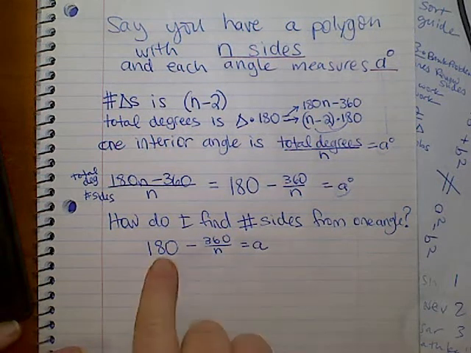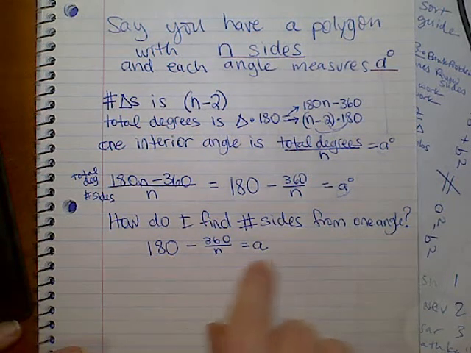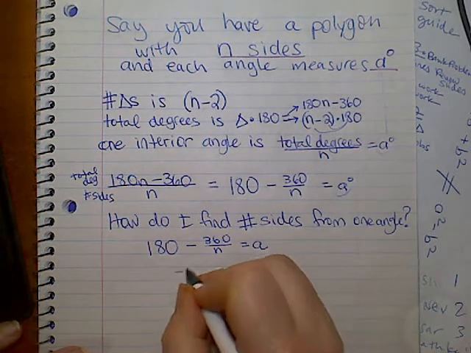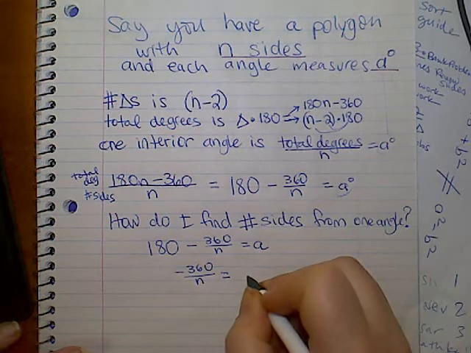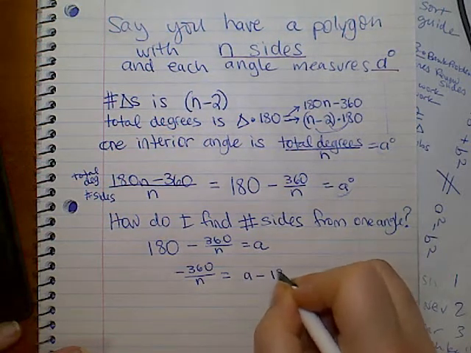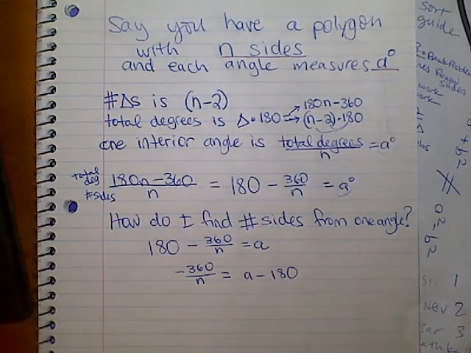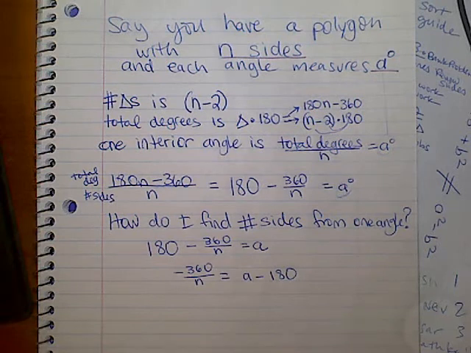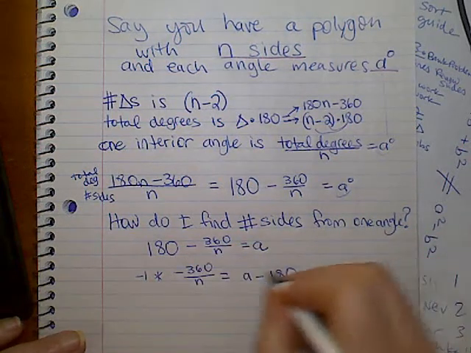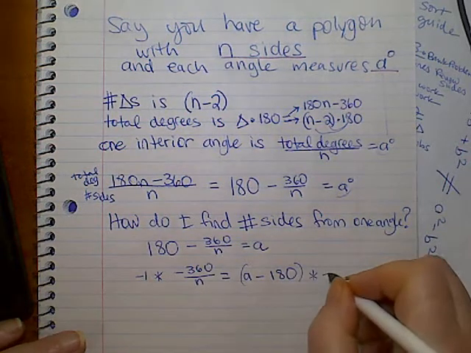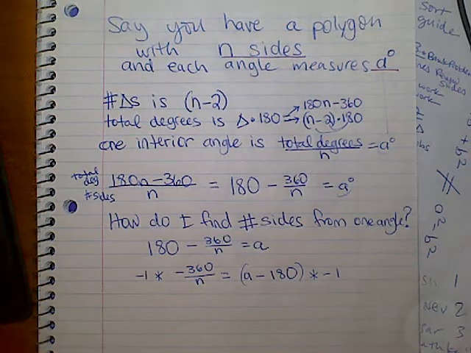So first thing I want to do is subtract 180 to the other side. So I'm going to have negative 360 over n equals a minus 180. And I'm not a huge fan of this negative being right here. So I'm going to multiply everything by negative 1. And on this side, I'm also going to multiply everything by negative 1.